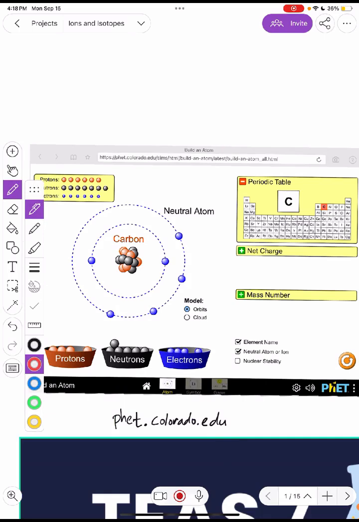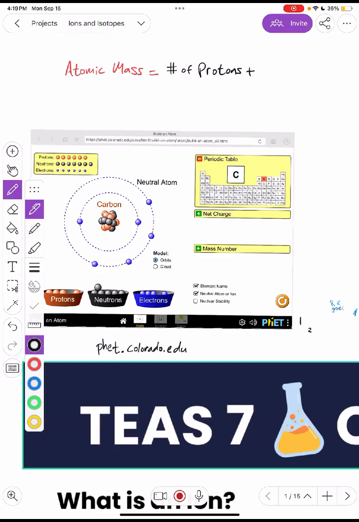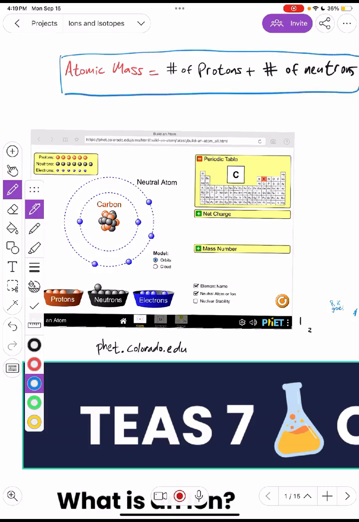So to stamp it, atomic mass is equal to the number of protons plus the number of neutrons for any isotope. Okay? It's for any isotope or any atom.